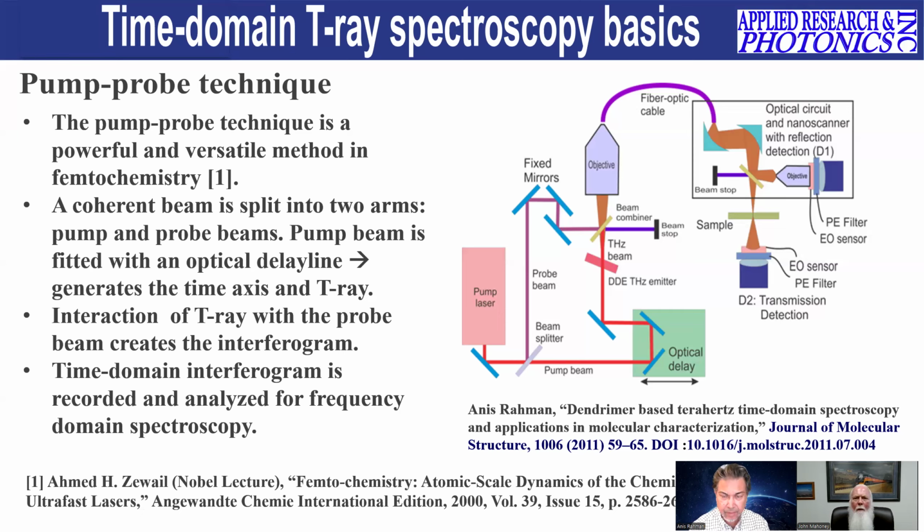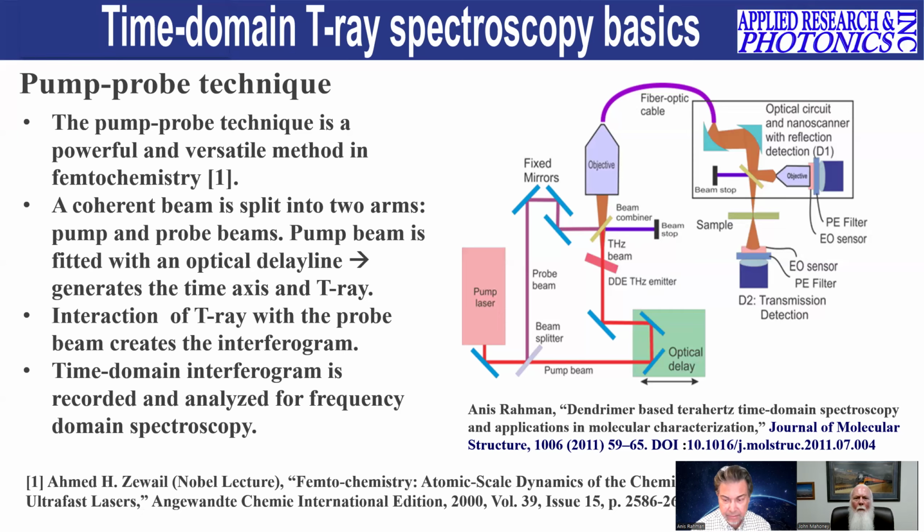The basic concept is that when the terahertz beam interacts with the probe beam, an interferogram happens in the time domain. We record this time domain interferogram over a few picoseconds.